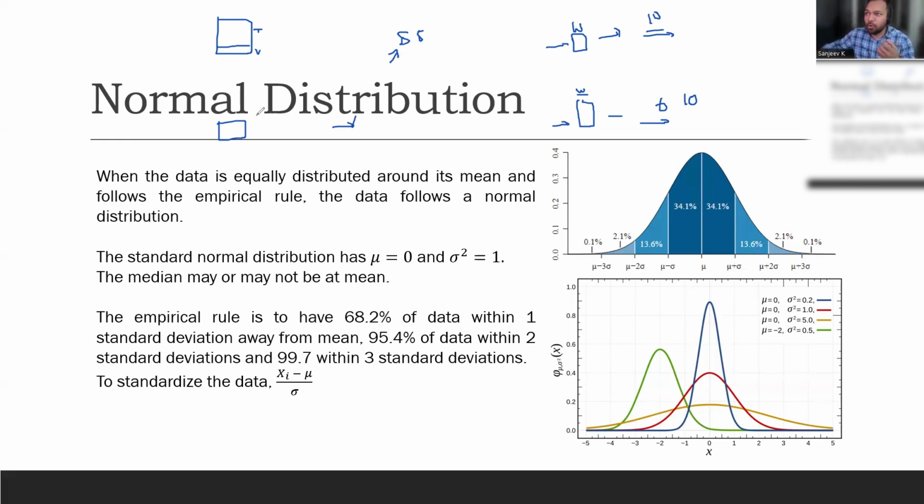So before you go and test it with this data set, you just have to see whether this test sample belongs to the same population or not. If it is not from the same population, it means that your model is not going to work out. Okay, as simple as that. Just keep this in mind.